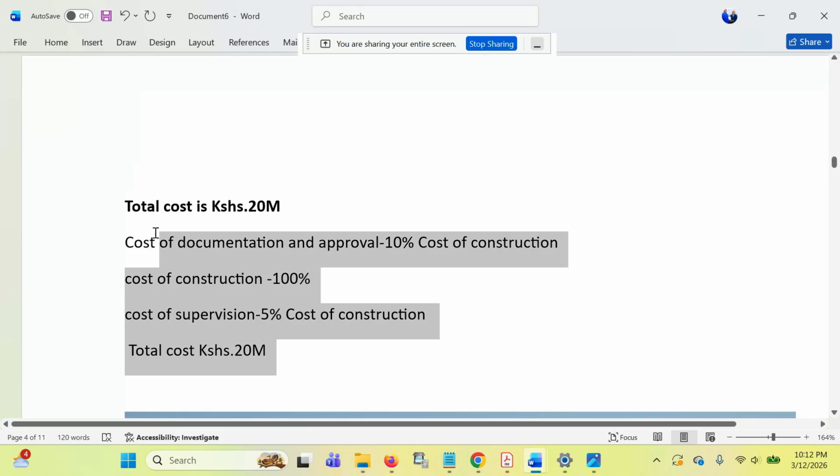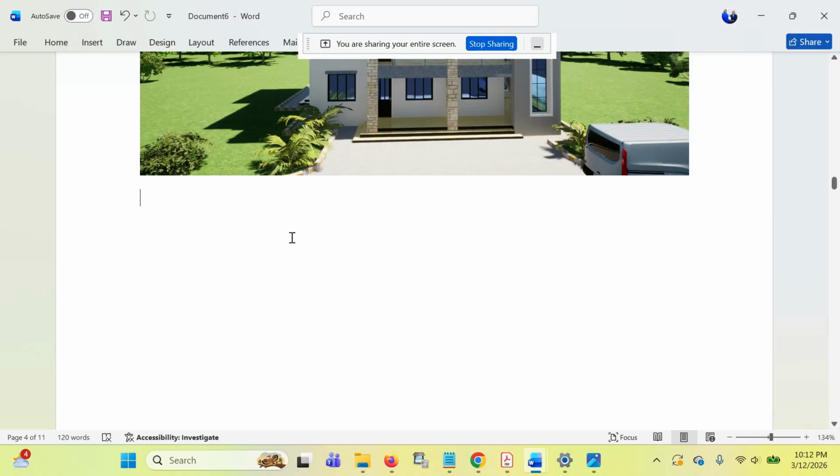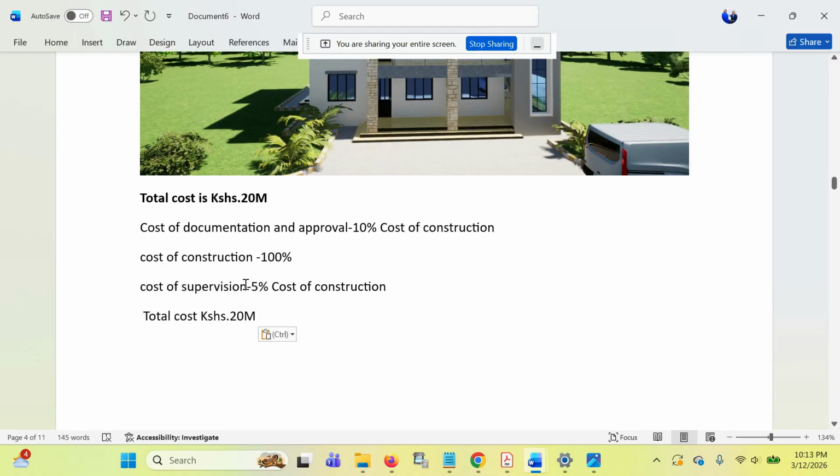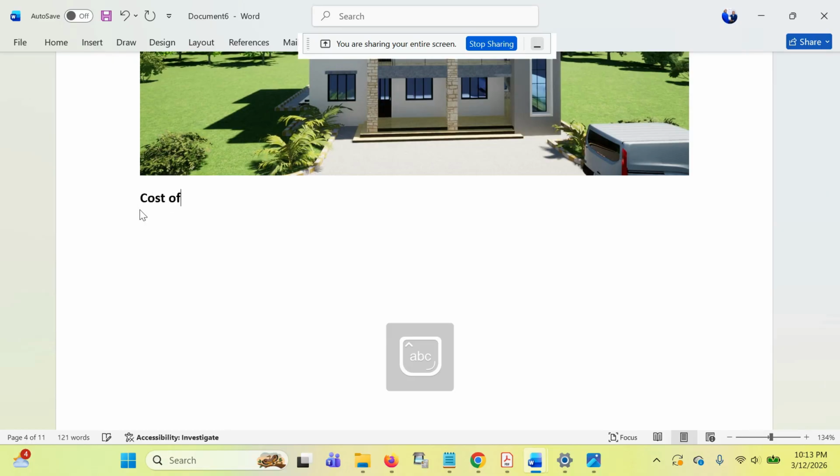Now, the cost of supervision is usually 5% of the cost of construction. Now, this is a bit of small maths here and there, but let's look at it. So this is what we have here. So how do we get this cost?